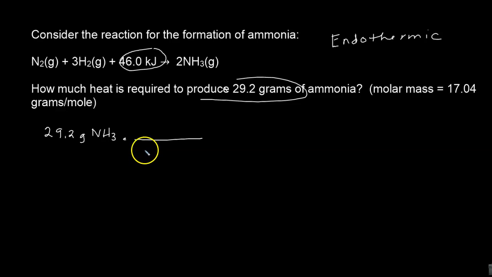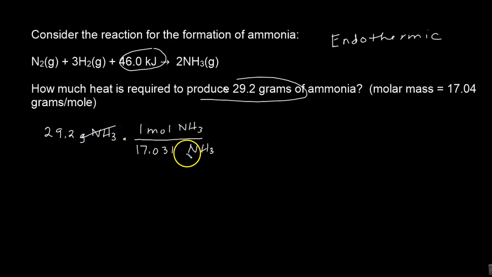Since we're in grams, we're going to have to go to moles. So I know that 1 mole of ammonia, I think I have that number written down. Yes, 17.031. I think we used that in a previous problem.